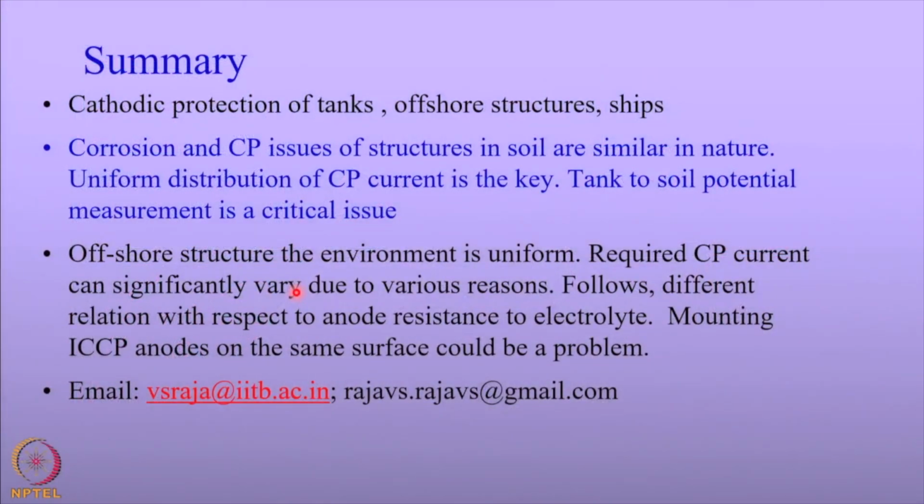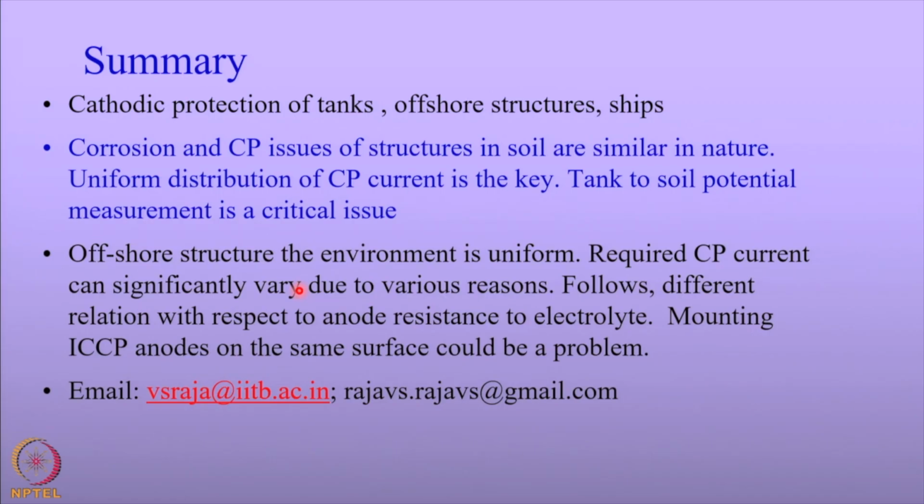Either we use perforated plastic conduits through which the reference electrodes are sent, or it is possible to calculate the potential of the tank at the center if you know the resistivity of the soil, the current density required for cathodic protection, and the measured value of the tank to soil potential at the edge.